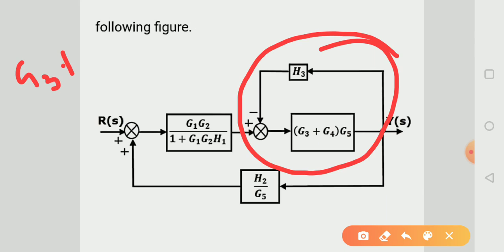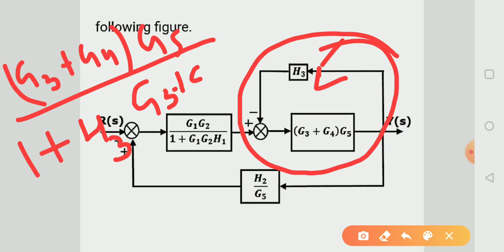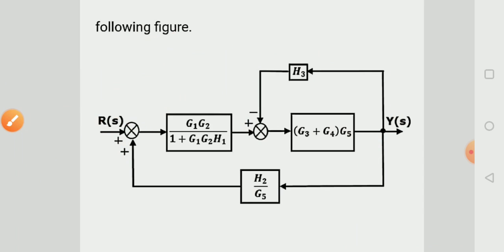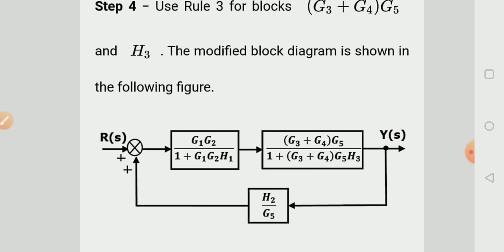This is the gain, and 1 plus, and feedback is here H3, so H3 into G3 plus G4 into G5. If we put this value for this block, our block diagram is modified like this.